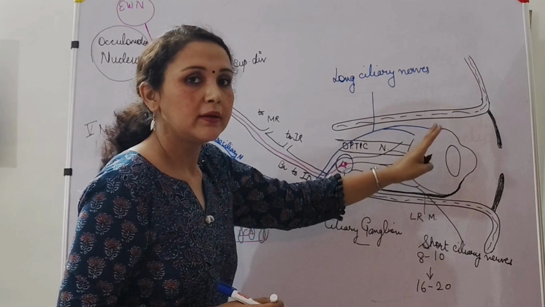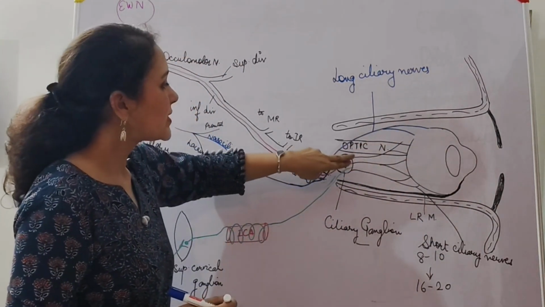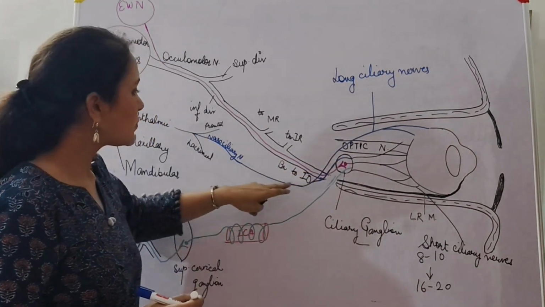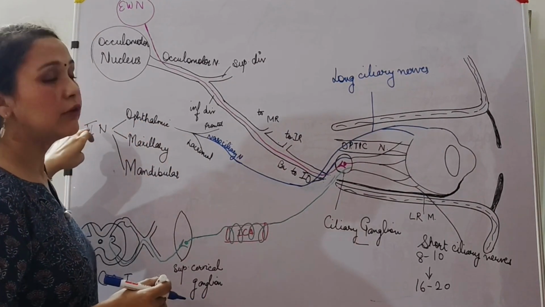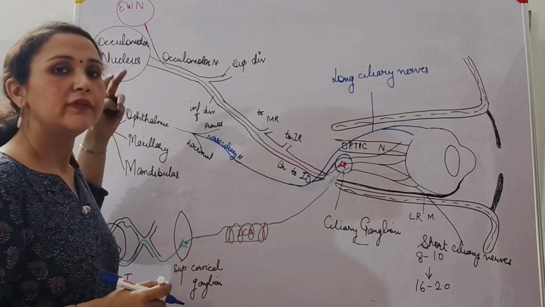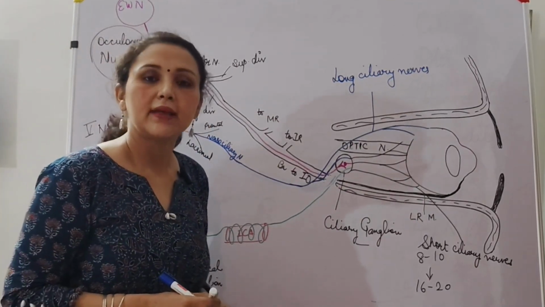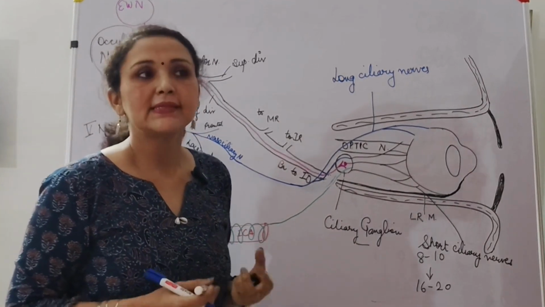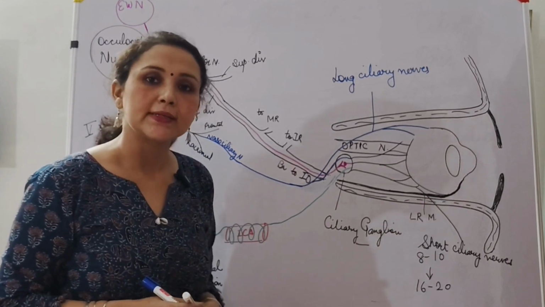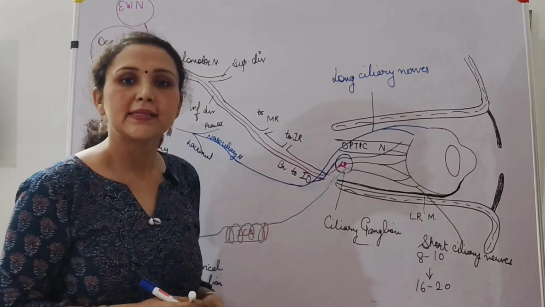From the structures of the orbit, the sensations will pass through the short ciliary nerves, via the nasociliary nerve, then the ophthalmic division of the trigeminal nerve, then the fifth nerve nucleus, and then to the higher structures like the thalamus, and finally to the sensory area of the cerebral cortex. So this is how the sensations from the orbit are carried to the sensory cortex.